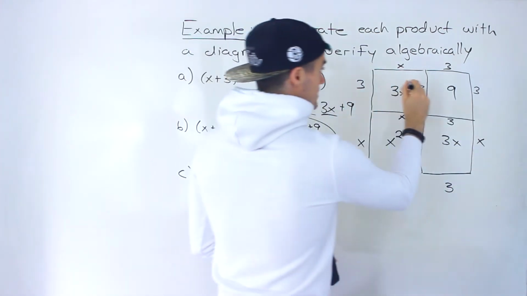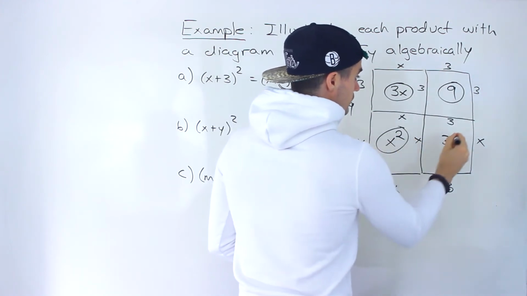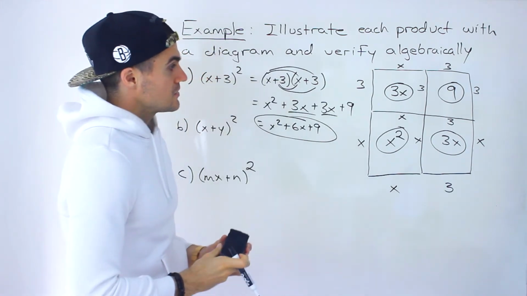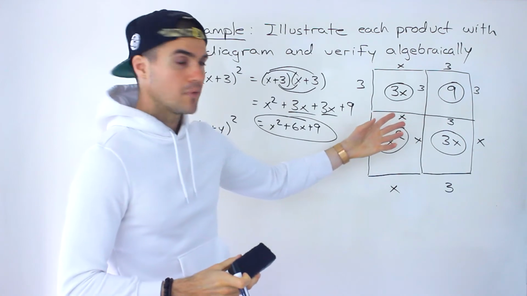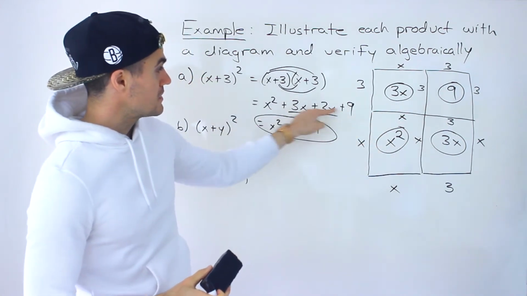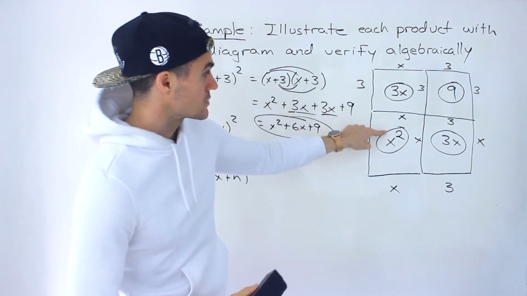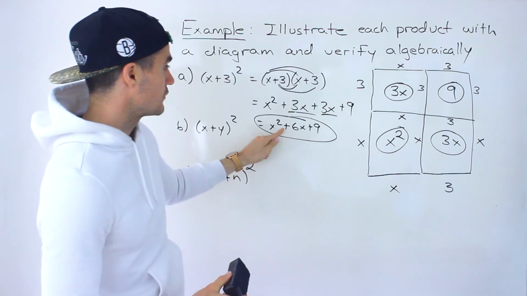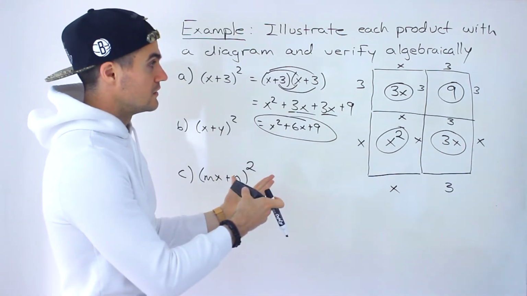Let's circle the areas so we don't get confused with all these numbers and can differentiate them from the sides. Now all you have to do is add all of these up. When you add them up, you end up getting this exact sum, x squared plus 3x plus 3x plus 9, and that simplifies to that. So that's how you can do it visually.